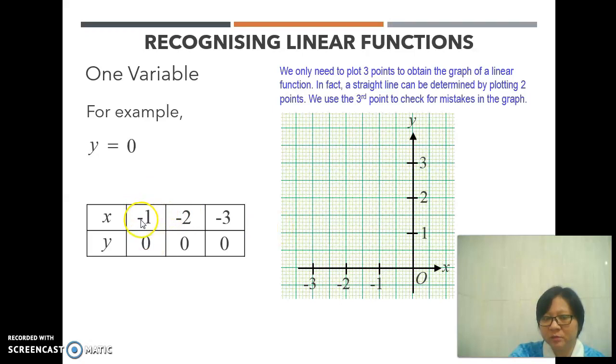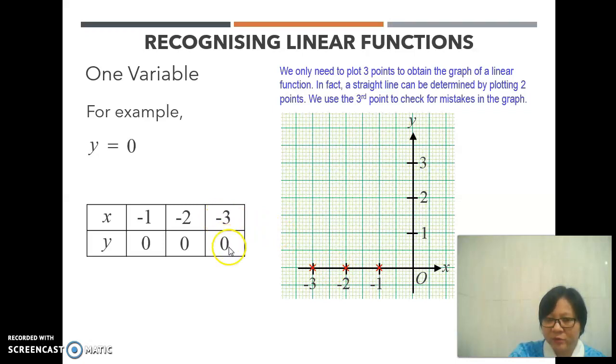From the first column, -1 means go to the left. From the origin, go to the left one step, with no vertical movement. And then -2, 0, go to the left from the origin 2 steps.